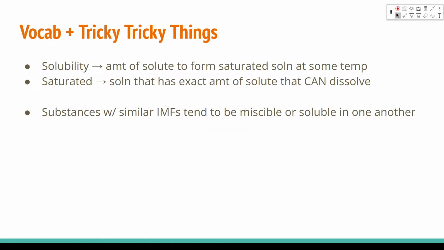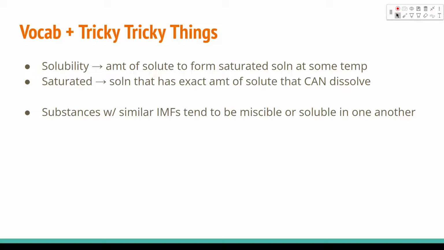So, what does that mean? We have polar stuff versus non-polar stuff. Just as a quick reminder, if you have something that's polar, you can dissolve something that is also polar.